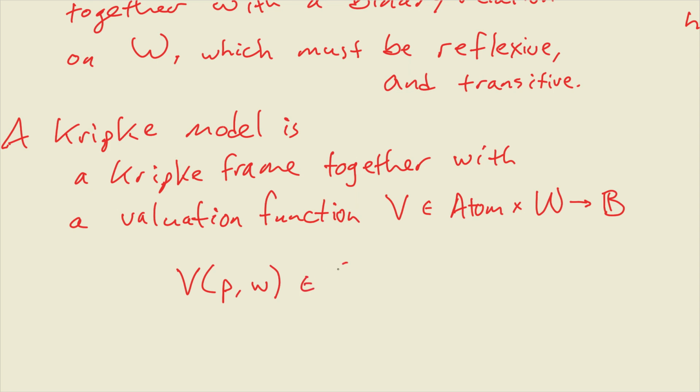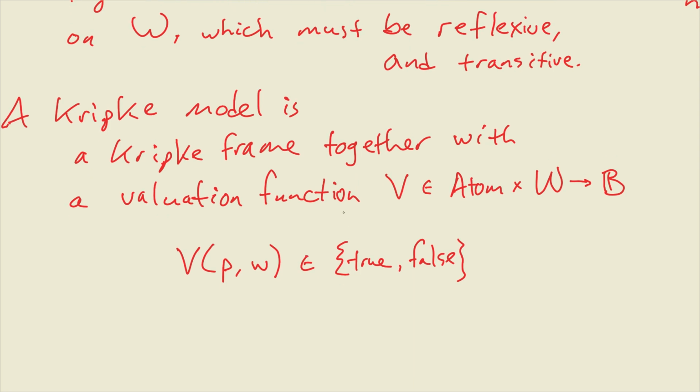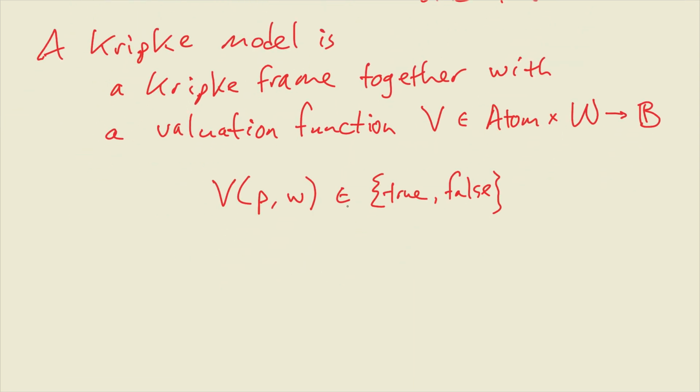So this is in {true, false}. And it's just telling you the truth value for that atomic formula P. Okay, and there's a requirement on these valuation functions that corresponds to what I was speaking about informally at the beginning. The truth is supposed to grow. So if things are true now, they have to stay true. That's really the only requirement you need to make.